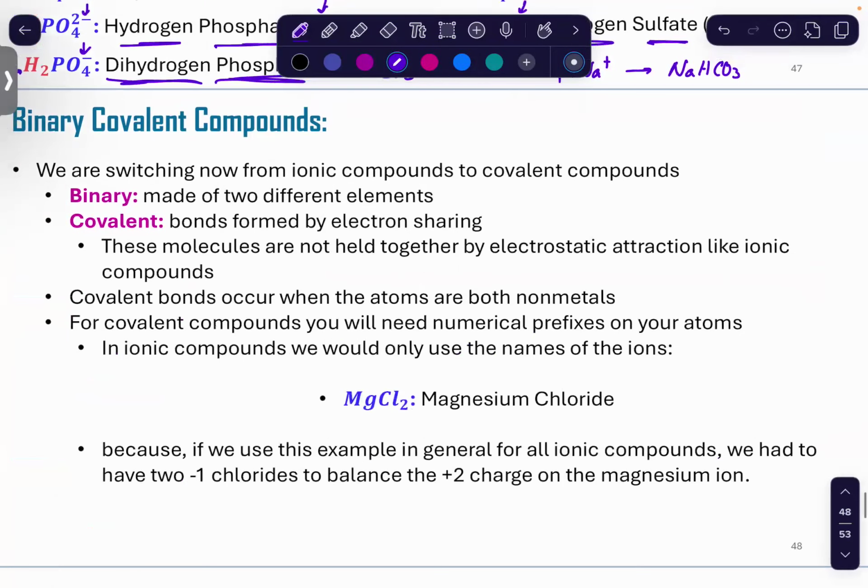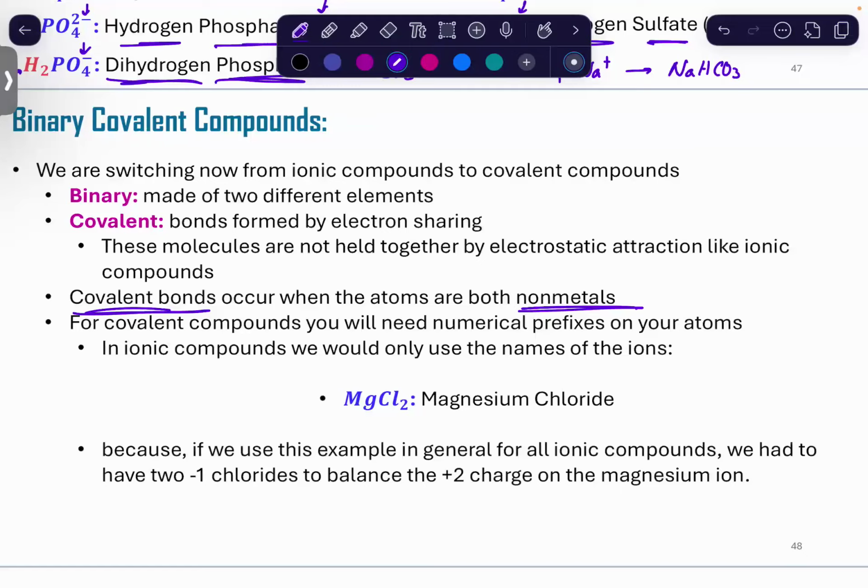Okay, so now we're up to covalent compounds. When you see a covalent, you should be happy because these are actually pretty straightforward to name. So again, binary, made of two different elements. Covalent, these are where bonds are formed by sharing electrons. We talked about that a little bit earlier, versus the ionic compounds that are held together by electrostatic forces. Always keep in mind covalent bonding happens between atoms that are non-metals.